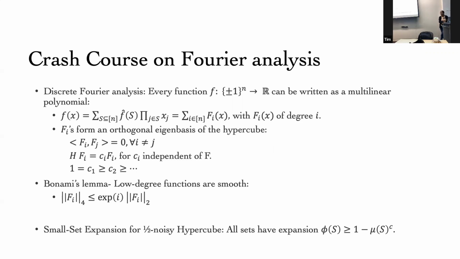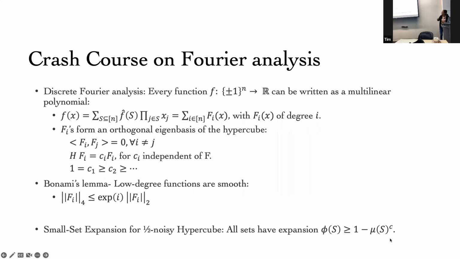So what c would you get as a function of the eigenvalues ci? Actually, if you just use 2 to 4, then you won't get the optimal c for half noisy. But in general, for half noisy, you should use some 2 to q hypercontractivity to get c should be 1, as we discussed earlier.